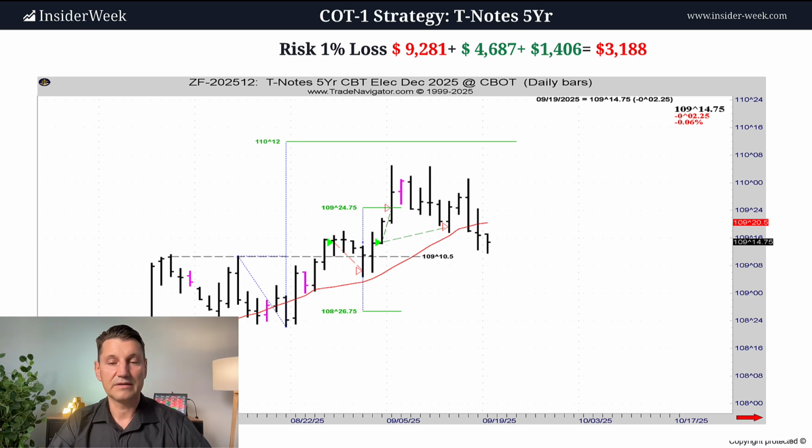Overall, I made a loss with this trade, because first I lost $9,281. Then I made a partial profit of $4,687, and then I was stopped out of my remaining position by a trailing stop.